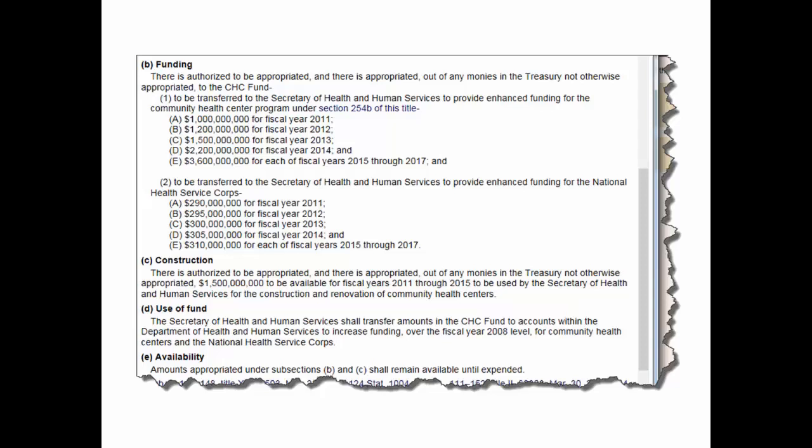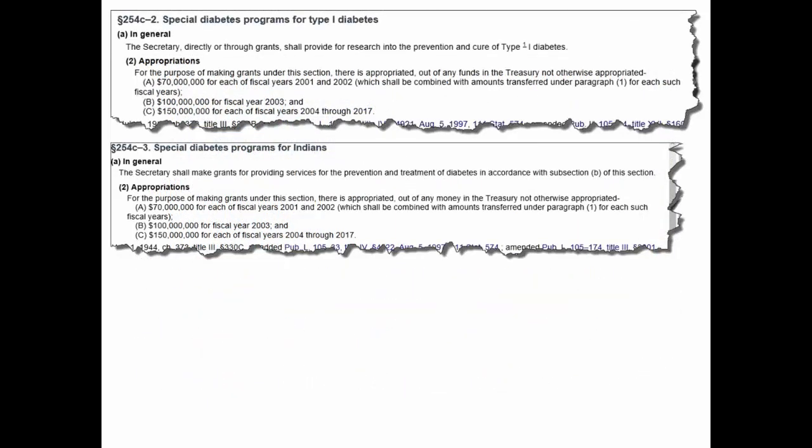In some cases, this complete reading may of necessity be more extensive. Let's take a look at the appropriation language for the special diabetes programs. Here we see virtually identical language for the special diabetes programs in NIH and IHS. Note the "for each of fiscal years" and "for fiscal year" language that would normally suggest that these funds have annual availability.